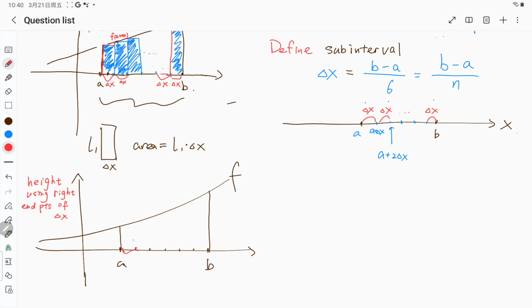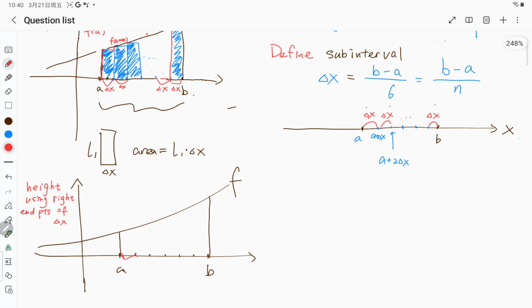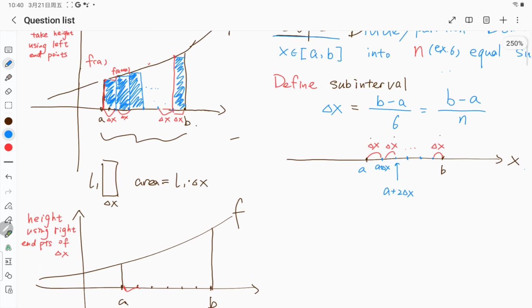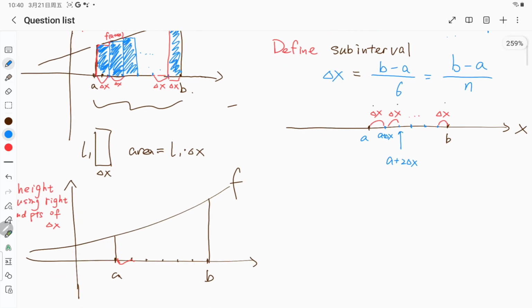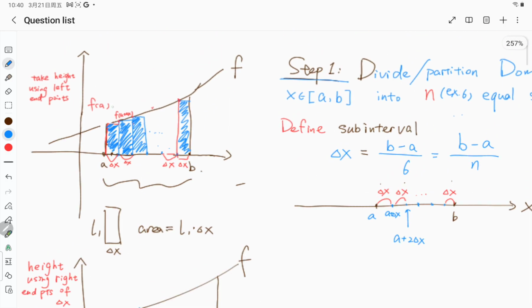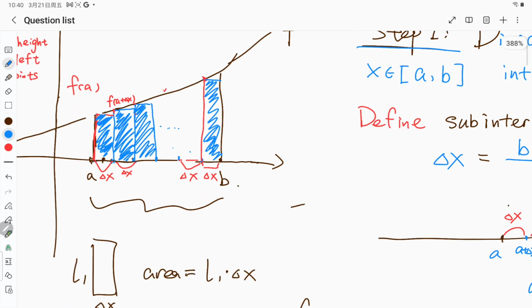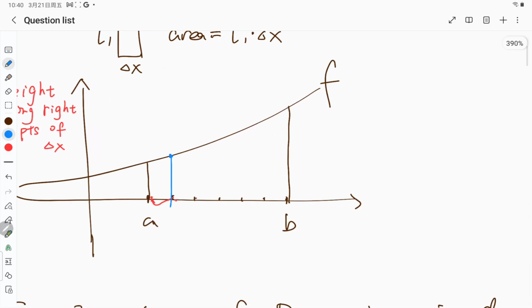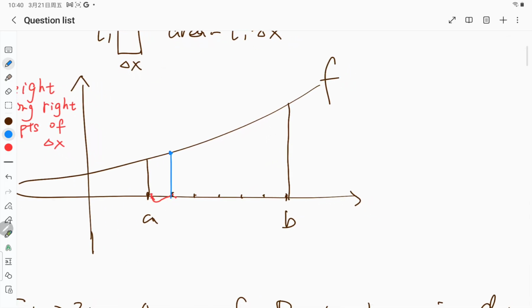So still the base of the rectangle will be delta x at the bottom, but what about the height? For example, we start with the first rectangle. Instead of f(a), I pick the right endpoint of the interval here, right? And then the height would be a little bit taller than the rectangle here, because here it is definitely shorter than the curve. But it also depends on the shape of f.